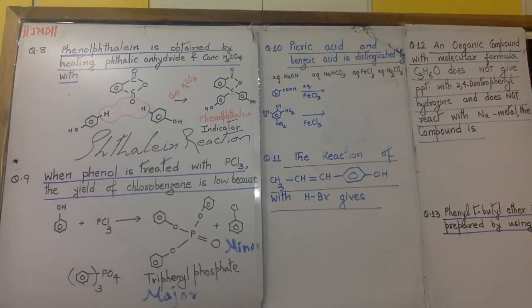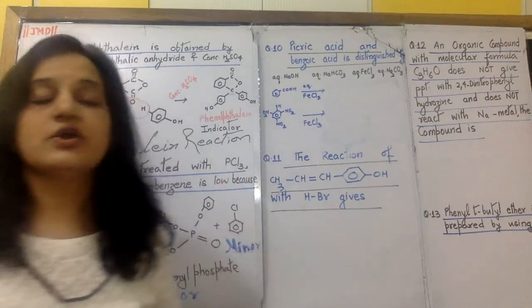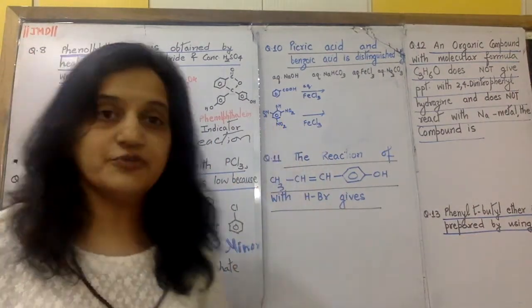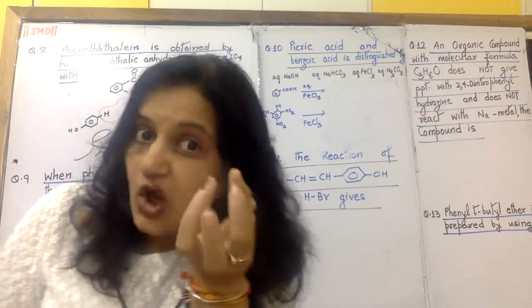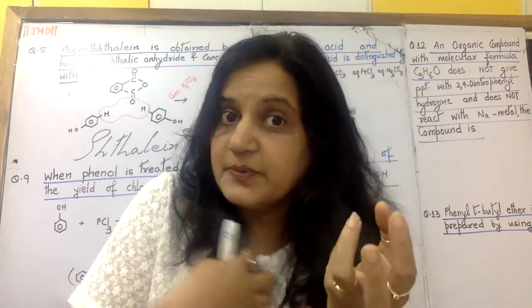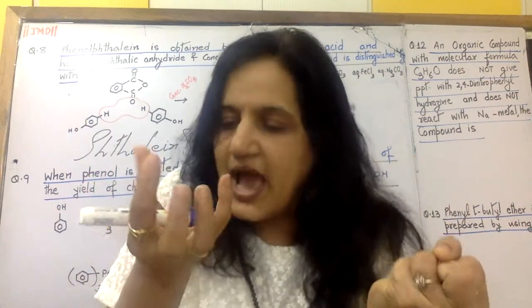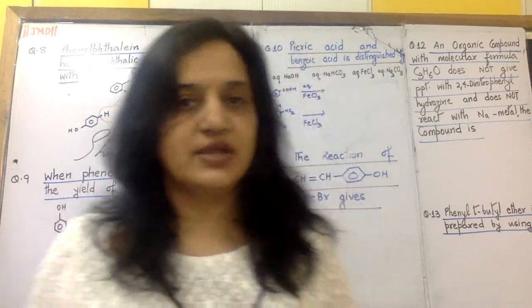Now over here, the phenol is substituted with 3 electron withdrawing groups, which is now 2,4,6 trinitrophenol, also called picric acid, and this has the phenolic group, and we know the phenolic group reacts with FeCl3. The only difference is that when picric acid reacts with aqueous FeCl3, it gives brown coloration.